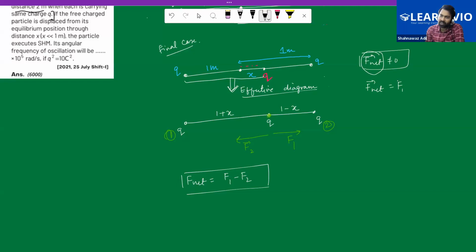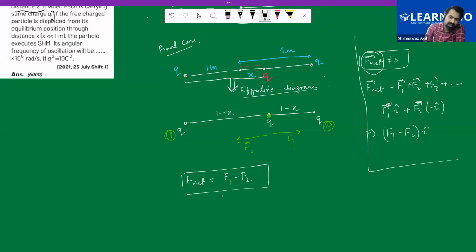So F net is F1 plus F2 plus F3 and so on. Now F1 is i hat and F2 is minus i hat, right? So this would be F1 minus F2 times i hat. So that is why we have this F1 minus F2, right?